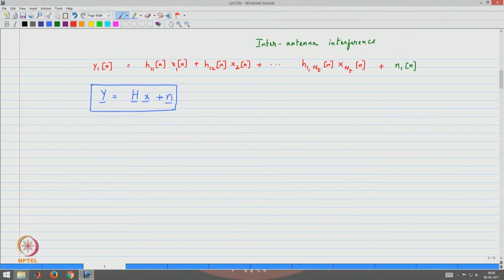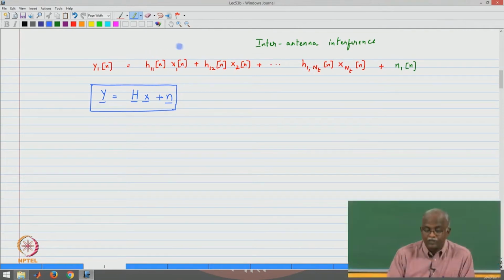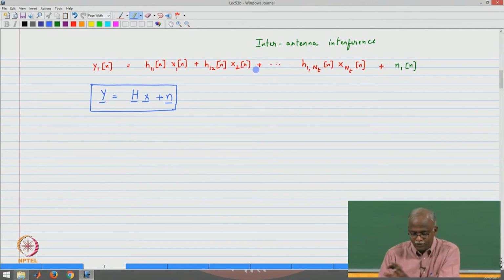So the expression for each of the receive antennas, I think we have already looked at. It will consist of the channel gain from the corresponding transmit antenna to the receive antenna times the symbol or the signal transmitted by that antenna. We denote it as x1 to denote the transmission from antenna 1, x2 from antenna 2, and likewise from each of the transmit antennas.